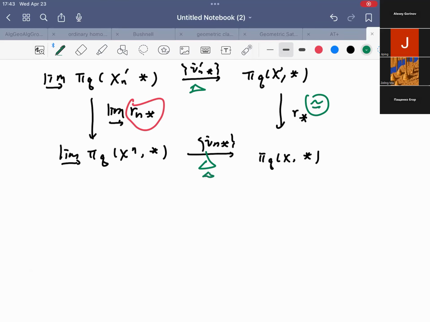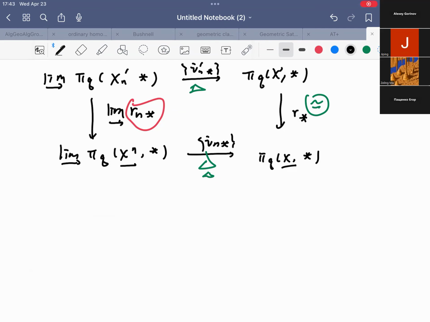This blue part, I think this is also very easy, because X_n is just a subcomplex of X, so you can check the morphism. This is called the compactness argument.